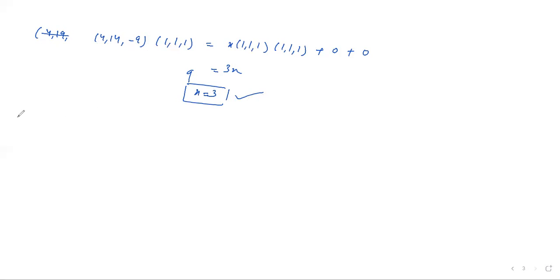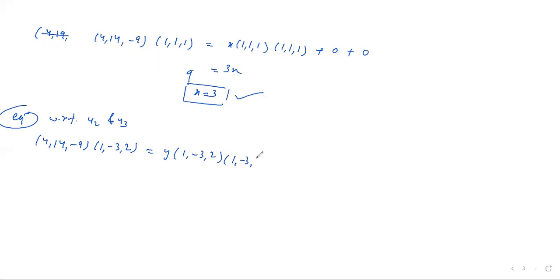Now in the same equation 1, we'll take the dot product with respect to u2 and u3. When we take a dot product with respect to u2, we will have (4, 14, -9) dot (1, -3, 2), and that is equal to y (1, -3, 2) dot (1, -3, 2). Okay, and others will be 0.